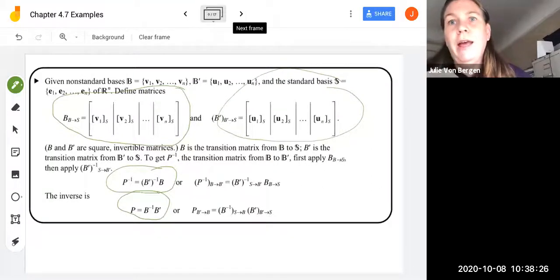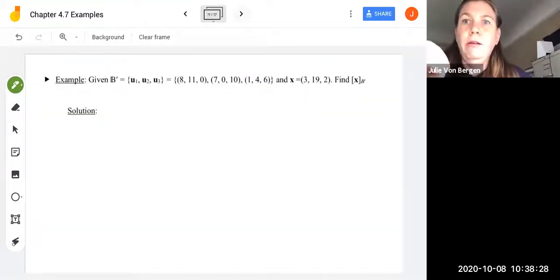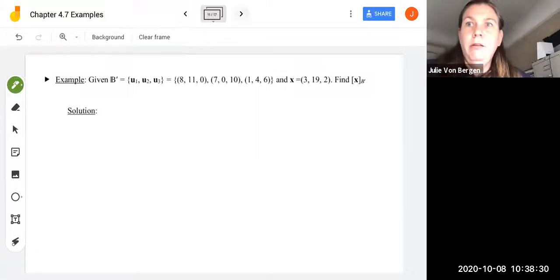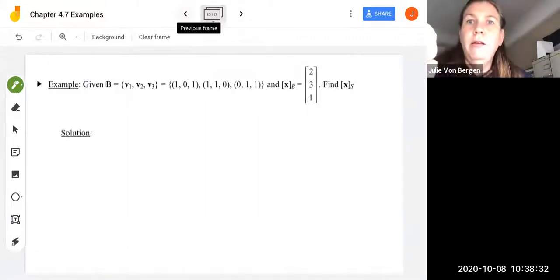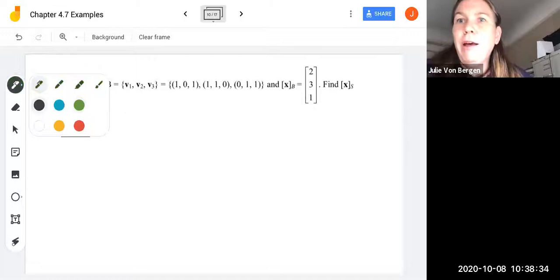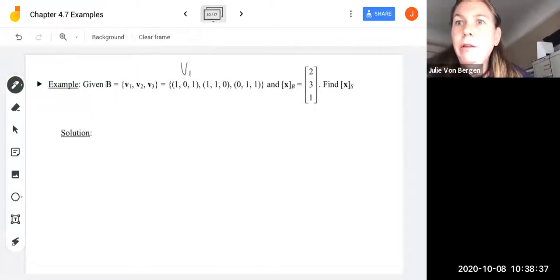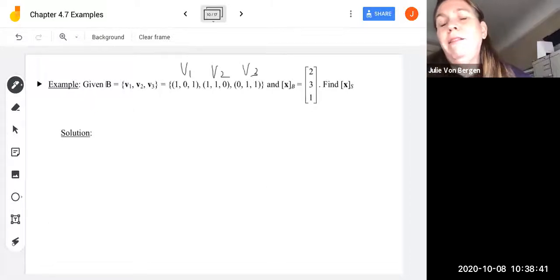So let's take a look at an example here. In this example, we've got V1, V2, and V3 corresponding with our basis B, and these are non-standard. So V1 is 1, 0, 1, V2 is 1, 1, 0, and V3 is 0, 1, 1.